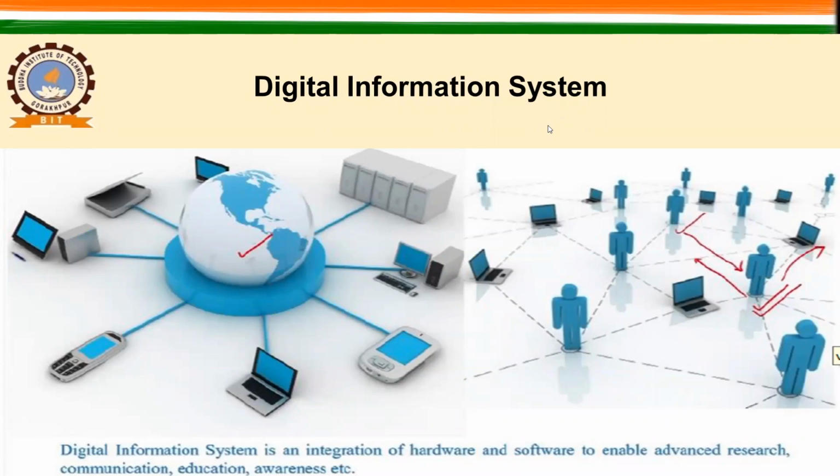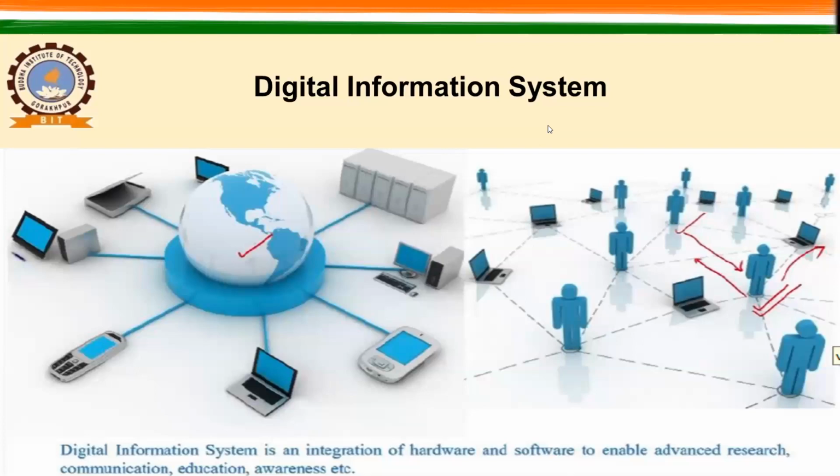Suppose you have done very good research work, but everything is in hard copy and lying on your table. In that case, nobody else can access the information from your table. That is hard copy information. Whenever you convert it to digital form and make it available on the internet, and anybody across the globe can access it, that qualifies as a digital information system.